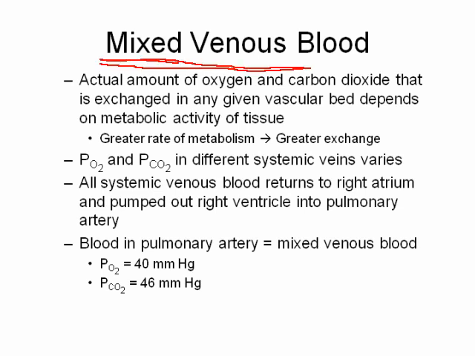So that's why we call it mixed venous blood, because the blood, by the time it gets into a vein that's large enough to insert a needle into it, has a mixture of blood coming from tissues with varying degrees of metabolic activity and therefore varying consumption of oxygen and production of CO2.